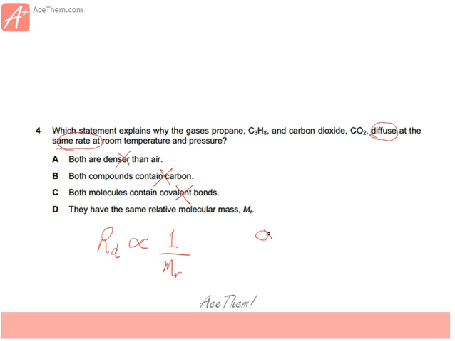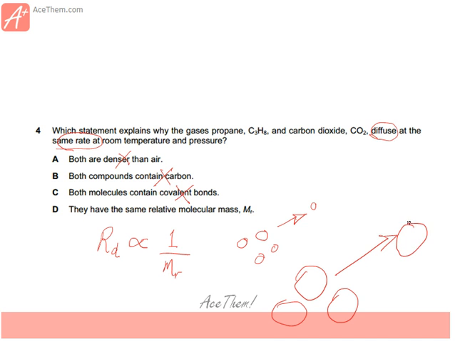There are molecules which need to diffuse from an area of high concentration towards an area of low concentration, and the bigger the molecules, think of very heavy potatoes which need to move through the same amount of space in the same amount of time, it's going to take much more time. So the lighter they are, the better, and the lower the Mr, the higher the rate of diffusion.